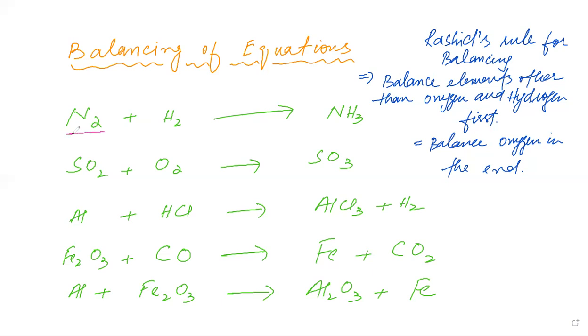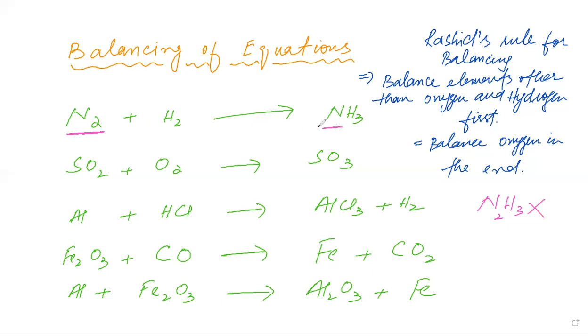Number of nitrogen atoms at the reactant side is 2, but at the product side is 1. While balancing an equation, we can't balance a compound like this. If we are balancing ammonia, we can't write a number here because this will change the formula of the compound. So it will be a wrong way. It means you can't balance nitrogen by writing 2 here.